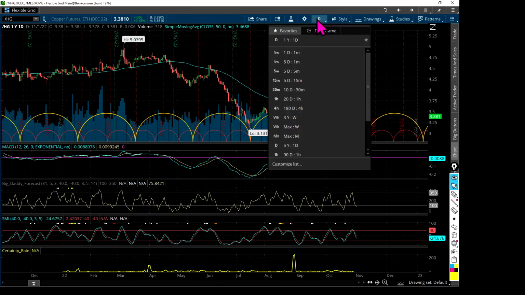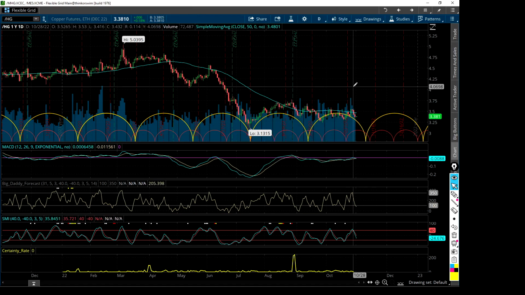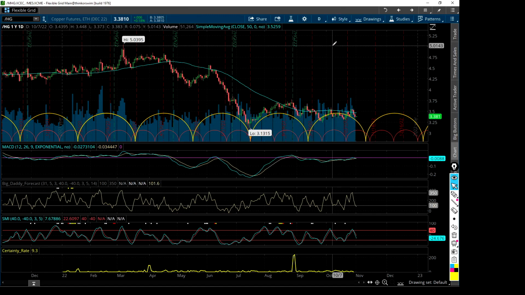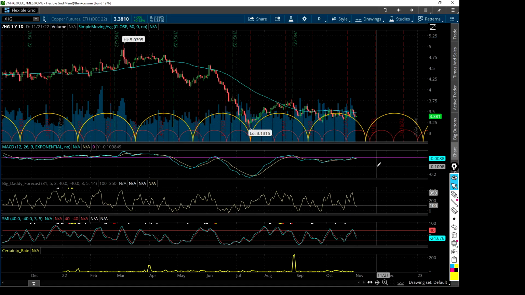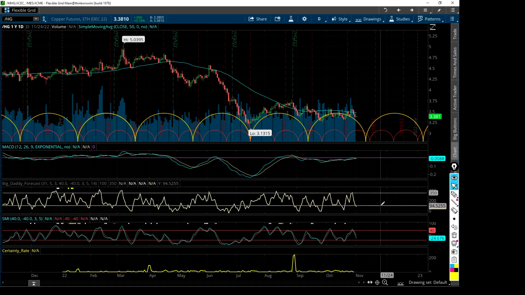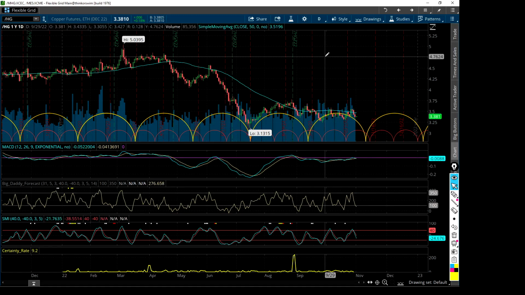Am I really looking at the same chart? These copper futures are garbage. I mean, this is nice way back here, but man, this ain't very good looking. This is just sideways nonsense going on here. Yeah, I'm not excited about where copper's at right now.